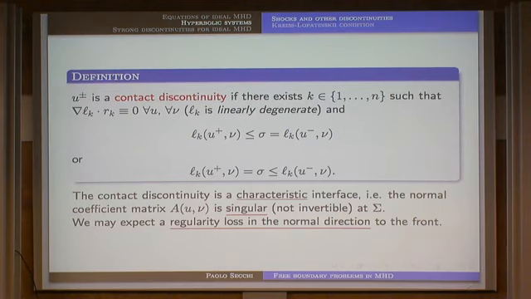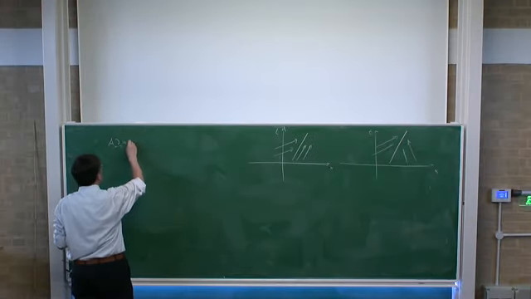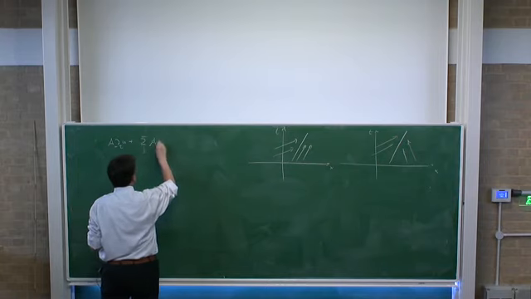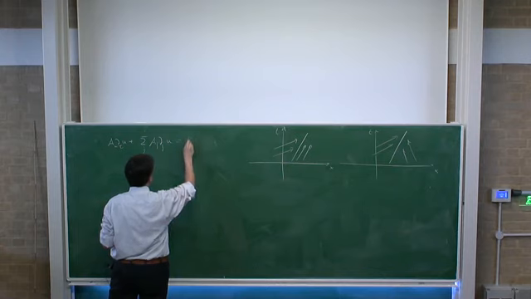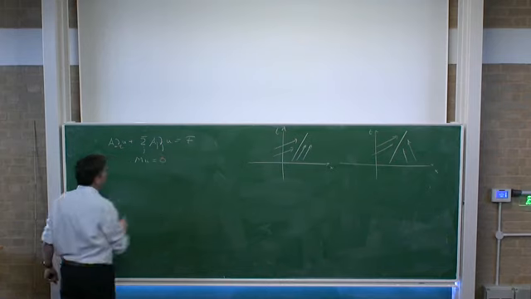Okay, what do we expect? Because the interface is characteristic, here we expect a loss of regularity in the normal direction, because usually, for example with some boundary condition, we have a problem of this form.